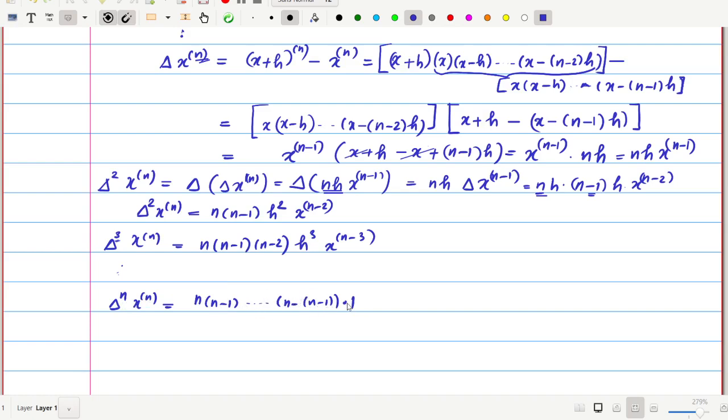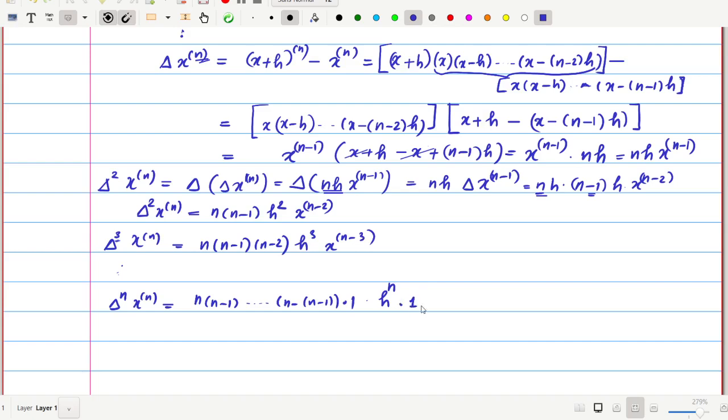Later we will replace that by n factorial, and instead of h cube we have h raised to n, and this will be x of n minus n, when we have 3 here that would be n minus 3, and here n minus n is 0, so it is 1 itself.